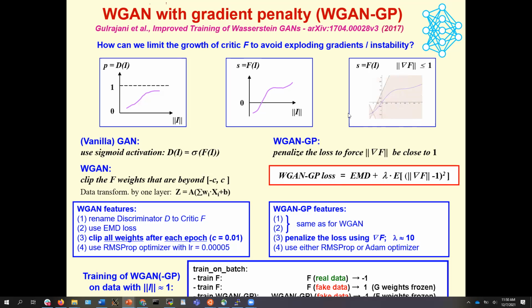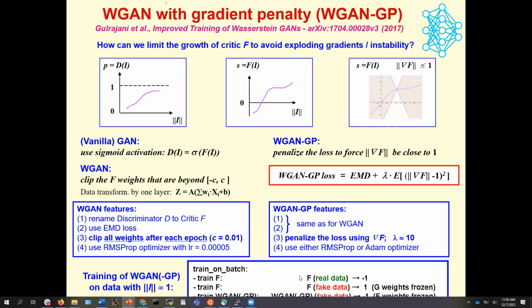And the gradient of f is also no more than 1. This is why in the training procedure, f itself, which is approximately equal to the gradient of f times the norm of image, will also be limited by 1 in absolute value. It will be +1 or -1 depending on the sign of the gradient.